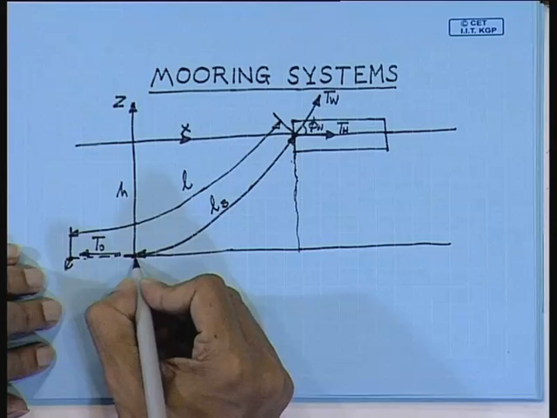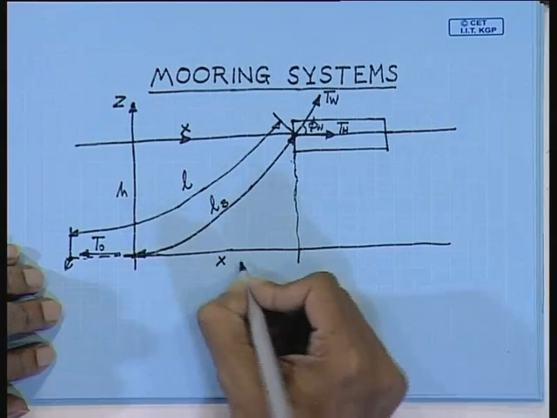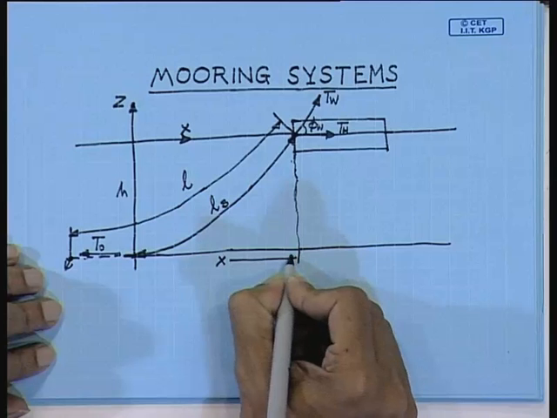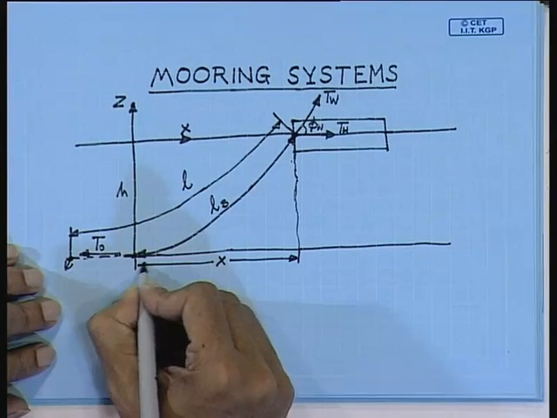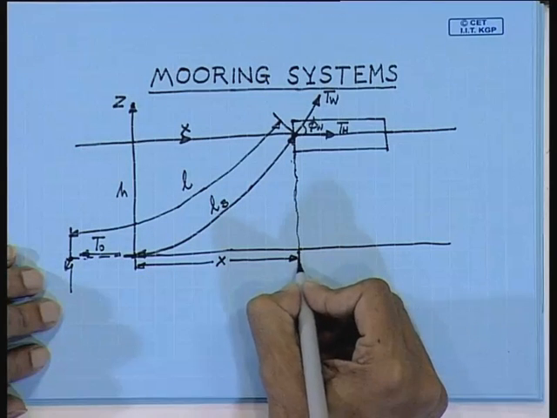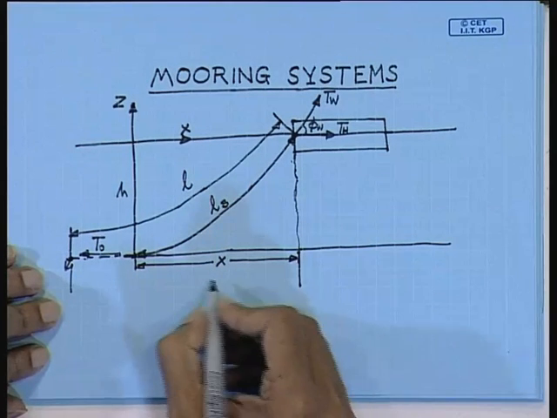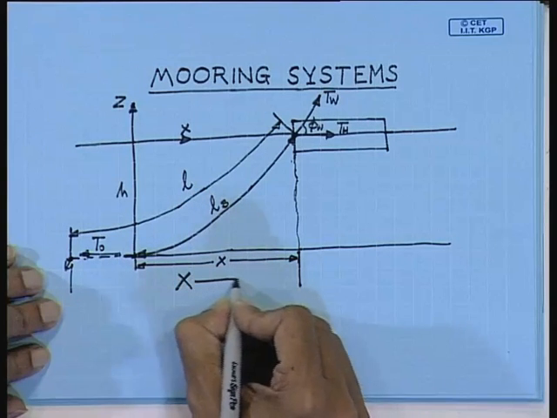So, this is your distance up to the point of suspension of the vessel. This is small x. Capital X is the distance right to the end of the line.